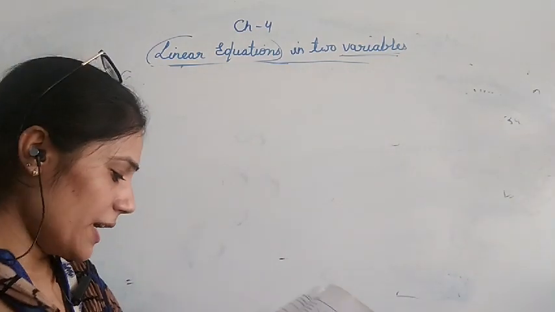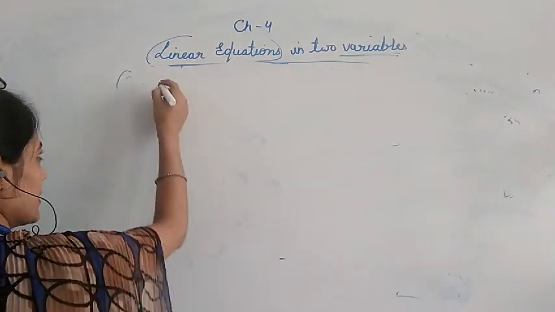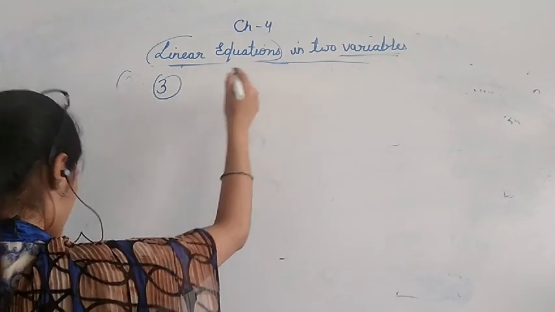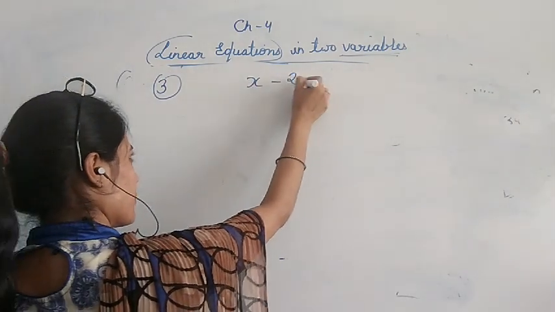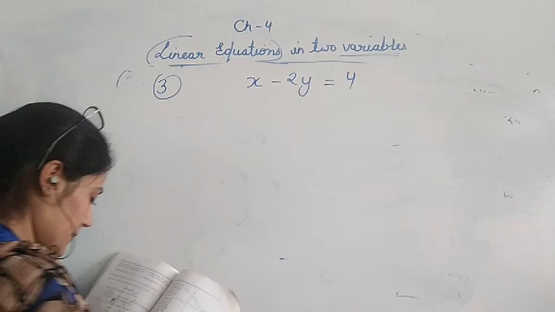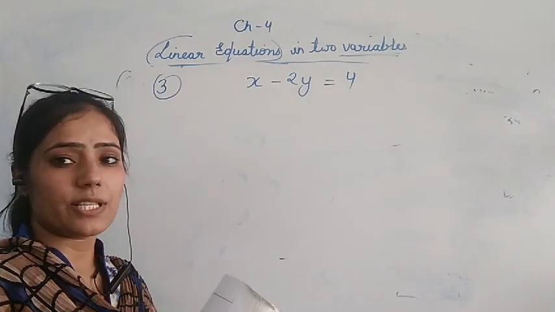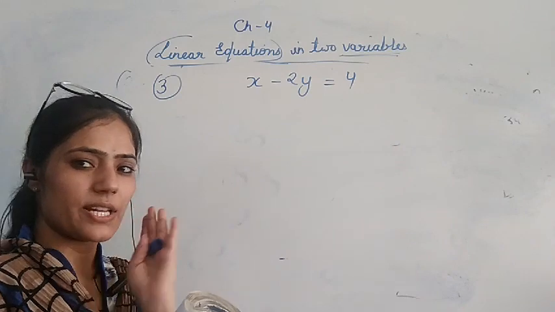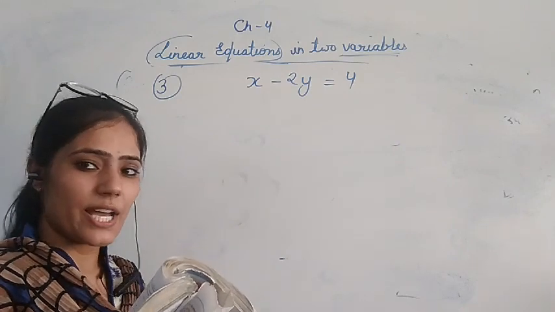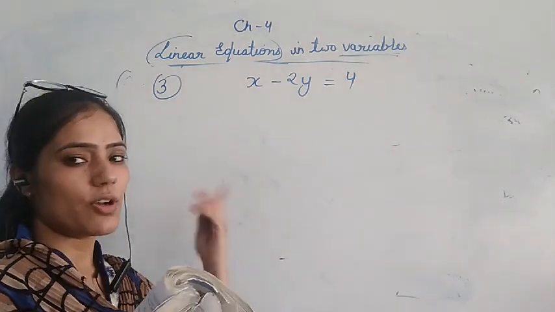See question number 3. One equation is already given: x minus 2y equal to 4. I have to check whether these are solutions of this, whatever so many options are given. We have to check that these are the solutions or not.